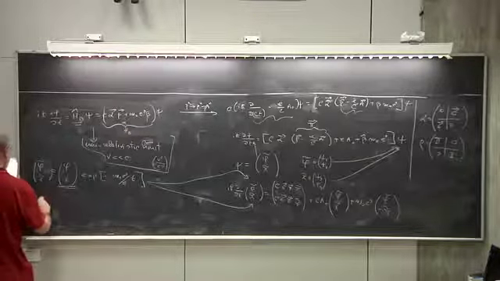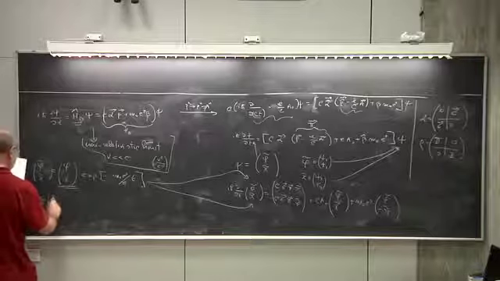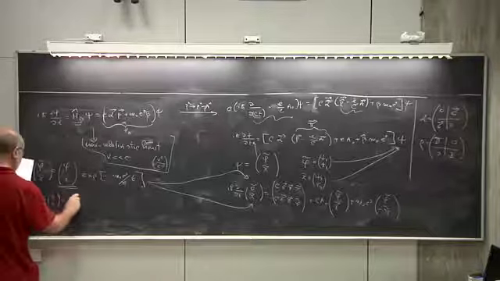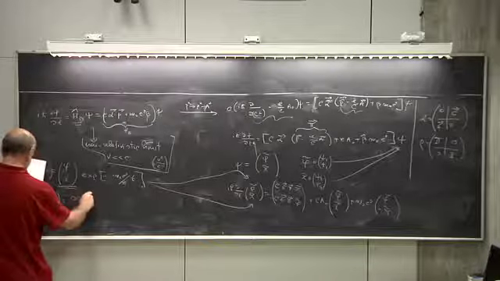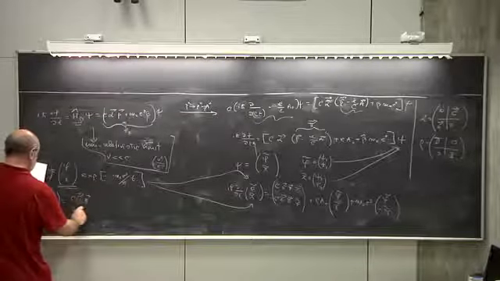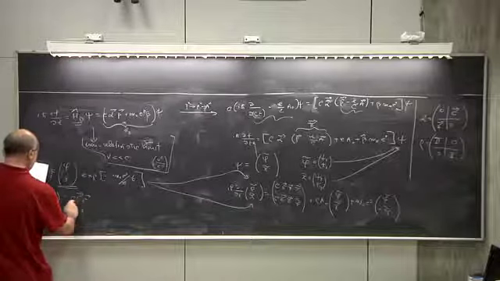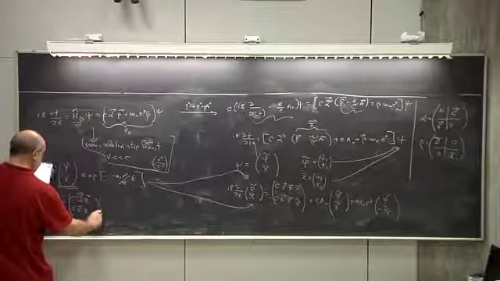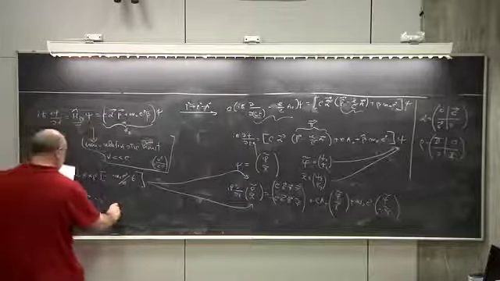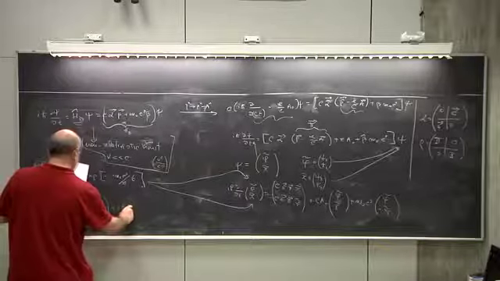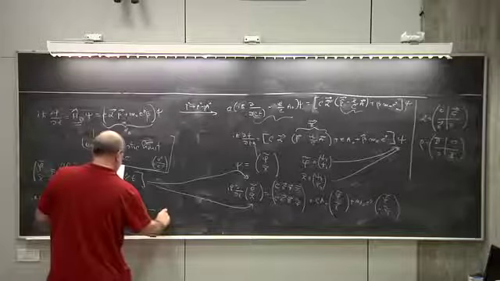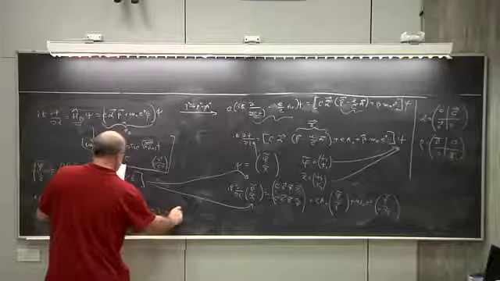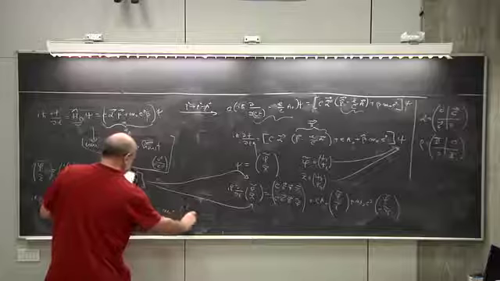iħ d/dt (phi, chi) equals c sigma dot pi chi, c sigma dot pi phi, plus eA0 phi, chi, minus 2 m0 c squared 0 chi.